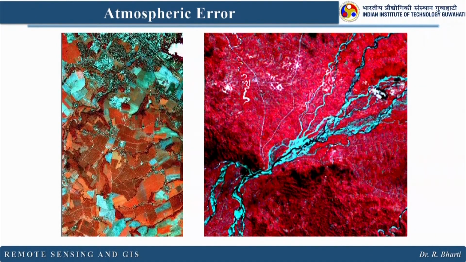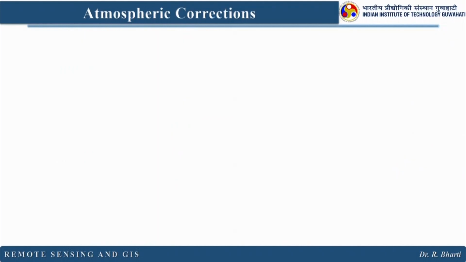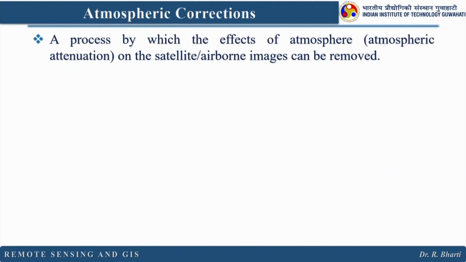So, this is why I have put all these images, so that you will have a feeling of what kind of error you get because of the atmosphere and how they appear after we remove the atmosphere, right. So, it is a process by which the effects of the atmosphere on satellite or airborne images can be removed, right.